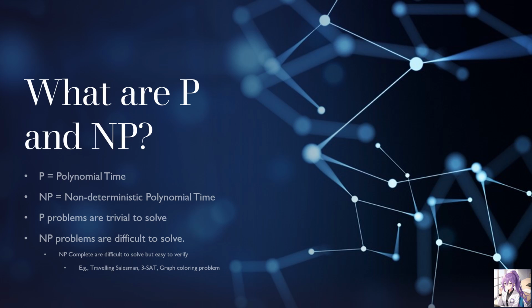So you're probably asking yourself what P and NP are, and that is a good question. These are sets. P is the set of problems that can be solved in polynomial time, i.e. we can express its runtime complexity as a polynomial, and NP are the set of problems that can be solved in non-deterministic polynomial time. Believe it or not, all problems in set P are also in NP.